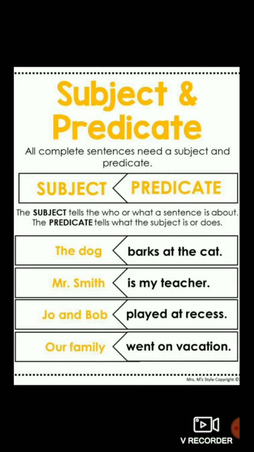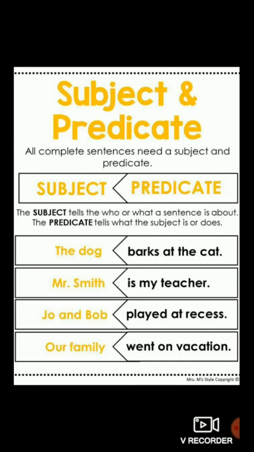Mr. Smith is my teacher. Mr. Smith is the naming part, so it's a name. See, in the subject there is always a noun or pronoun, whereas the predicate starts with a verb. It can be an action verb or a helping verb. So, Mr. Smith is the subject, whereas is my teacher is the predicate.